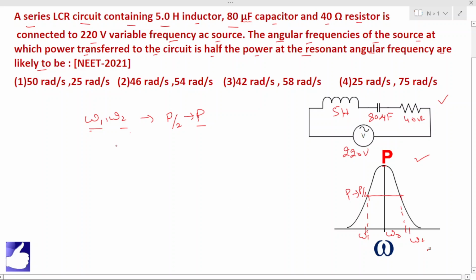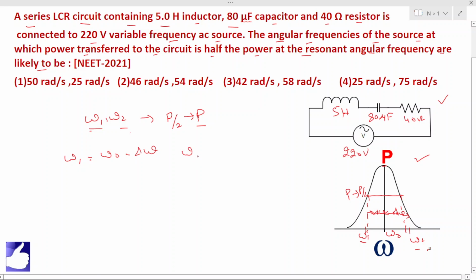And he asked us to calculate omega 1 and omega 2. We know that omega 1 and omega 2 will be equally spaced with respect to omega naught. That is, they will be at a distance of delta omega on either side, such that omega 1 can be written as omega naught minus delta omega.